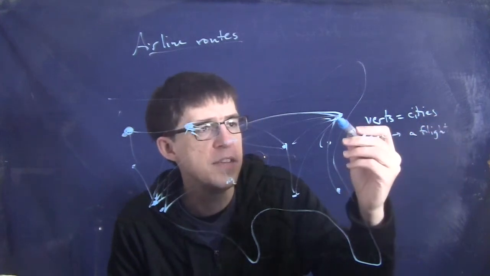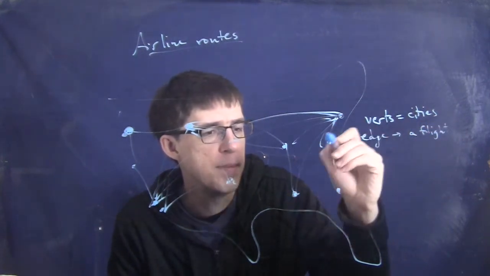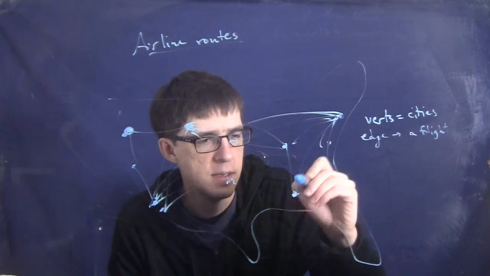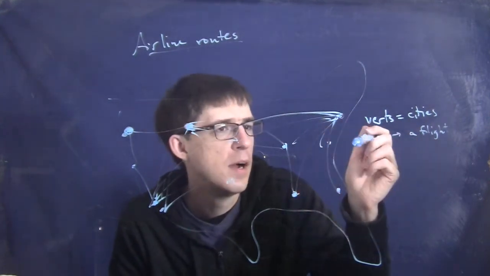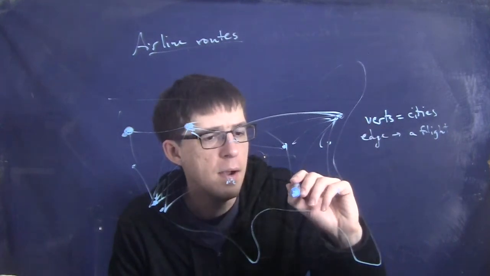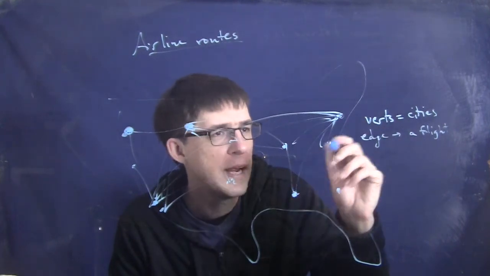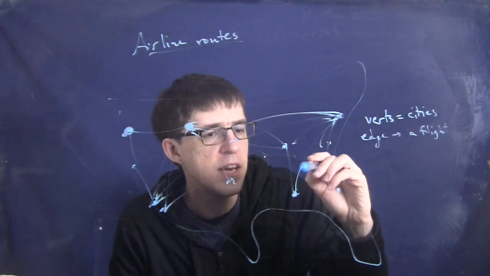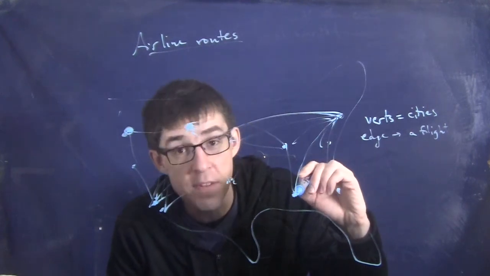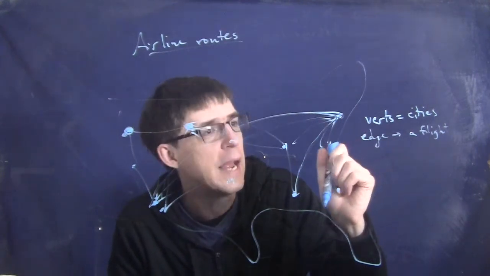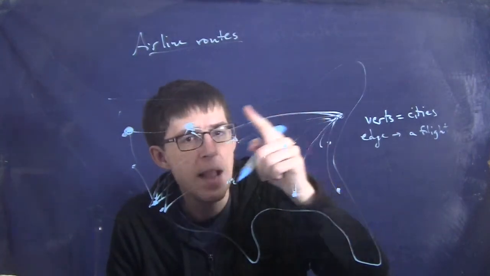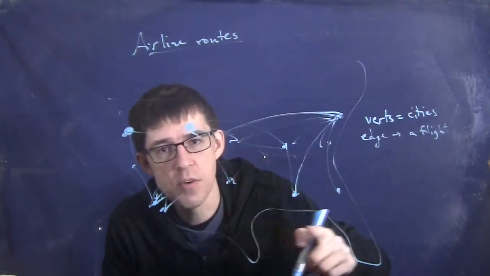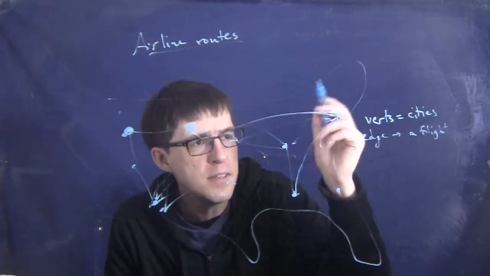So the fact that there is an edge, say from here to here, maybe this is New York, and I don't know where that is, somewhere in Mississippi, maybe Alabama, Birmingham. The fact that there is an edge right here means that there is a flight from New York to Birmingham, right?